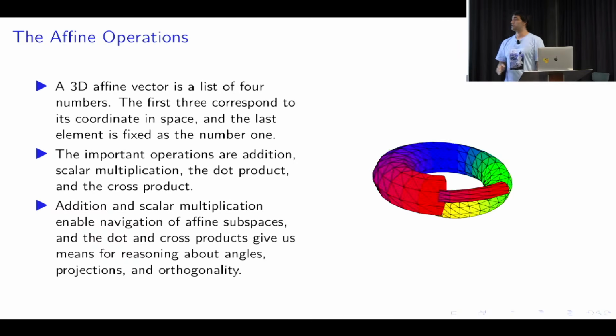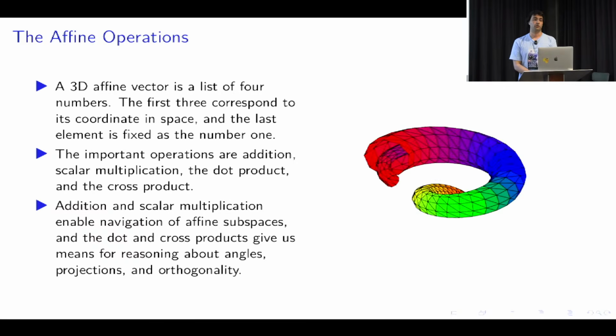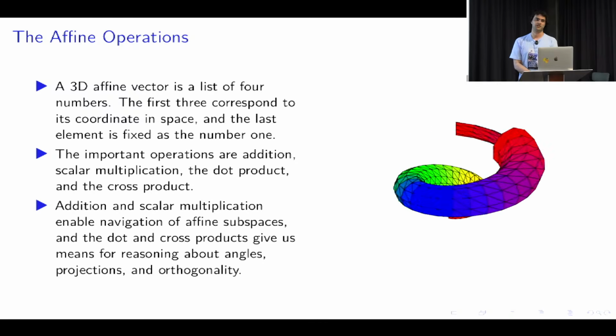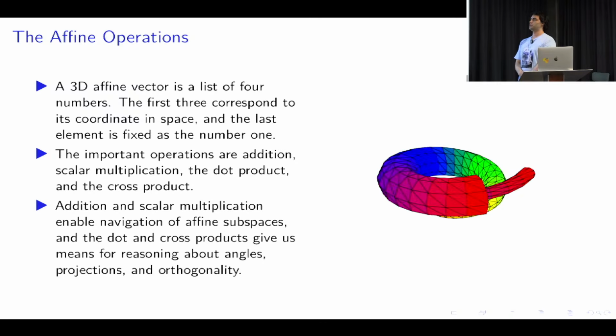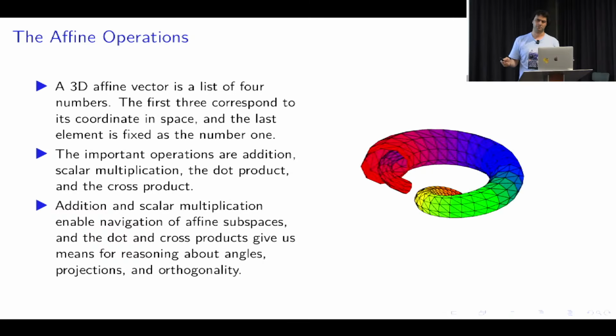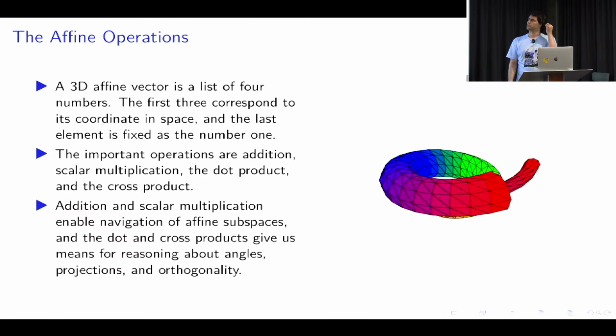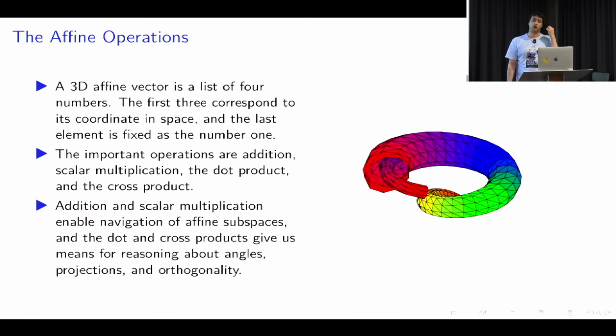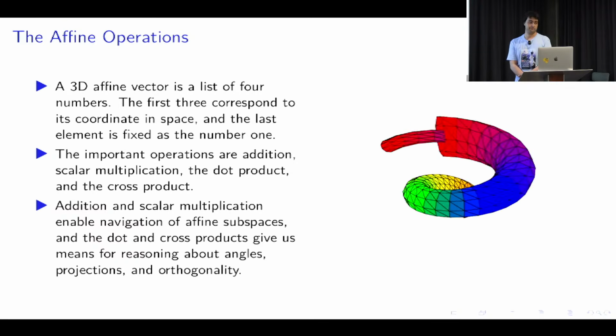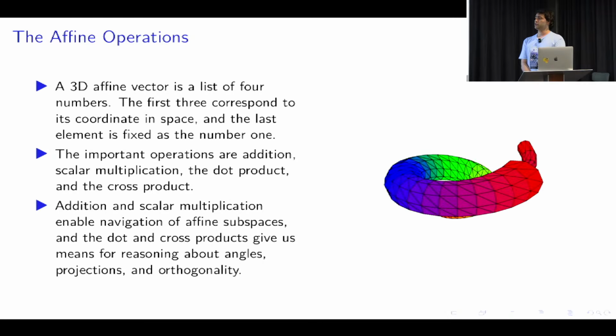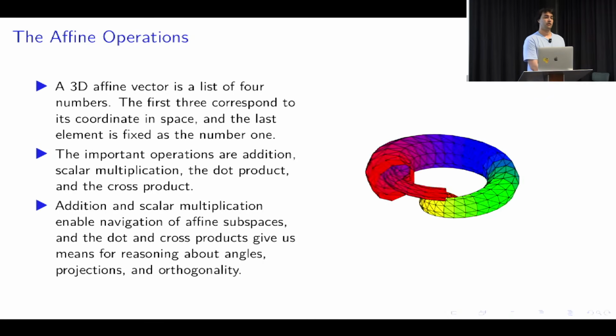That is very important for navigating subspaces, which is very important for doing things like partitioning and occlusion, which we will get into in small detail as we go along. The important operations are addition, scalar multiplication, the dot product, and cross product. Addition and scalar multiplication enable navigation.